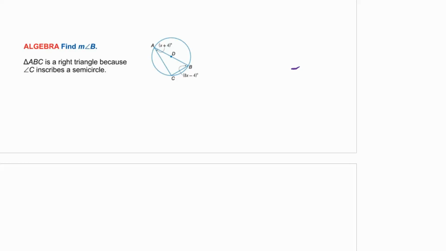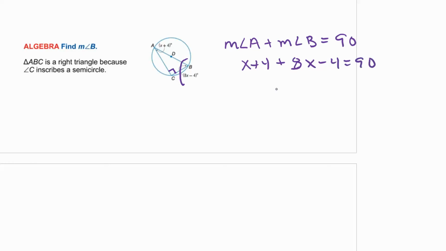In this problem, I want to find the measure of angle B. Since this angle ACB is inscribed in a semicircle, I know that angle C has to be a right angle, which leaves me with the other two angles adding up to 90 degrees. The measure of angle A is x plus 4, plus 8x minus 4 equals 90.